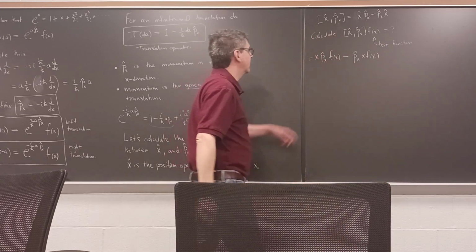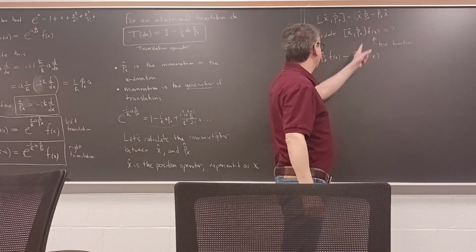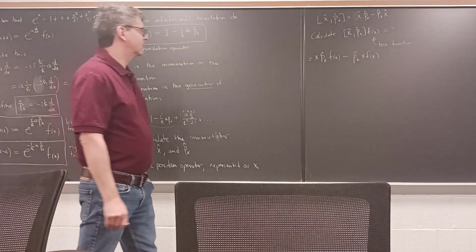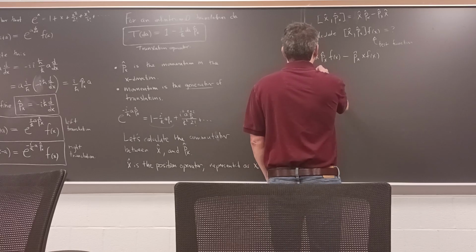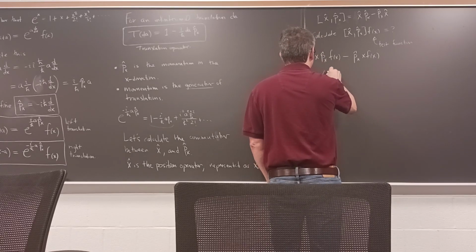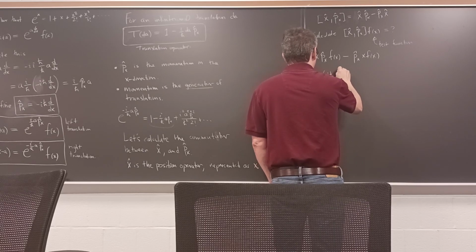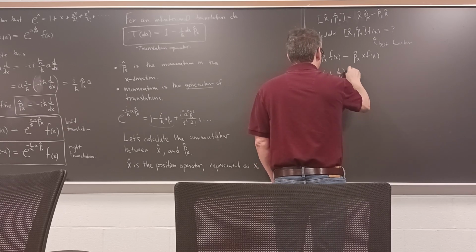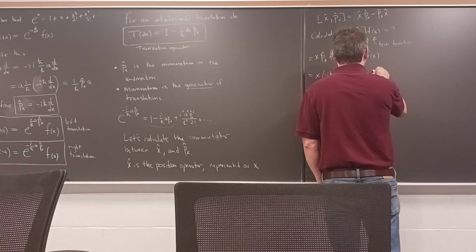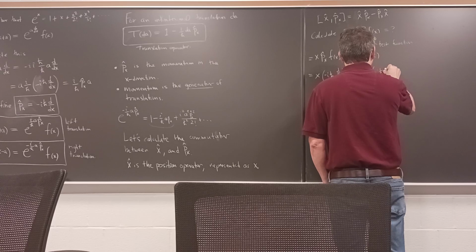Okay? I'm just letting these operators act on f. So this will be x, p hat now is minus i h bar d by dx operating on f of x. And then we'll have minus i h bar d by dx.